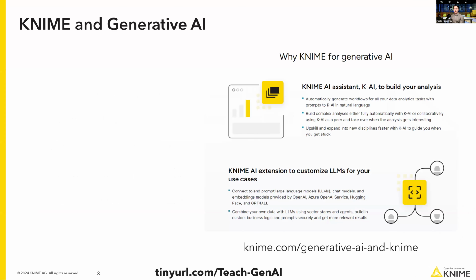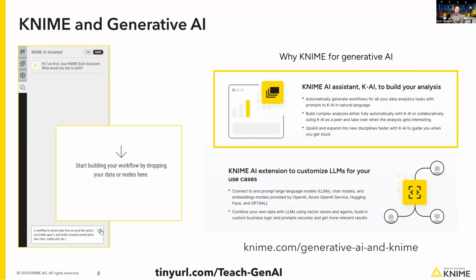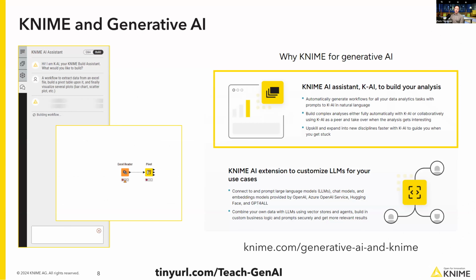A bit of an overview before we get started about KNIME and generative AI. Just to avoid confusion: KNIME offers an AI assistant, and this is a big enhancement for the KNIME Analytics Platform. You have a panel on the side where you can request what you want to do, and this enhances the experience as the AI provides documentation but also adds nodes to your workflows automatically.